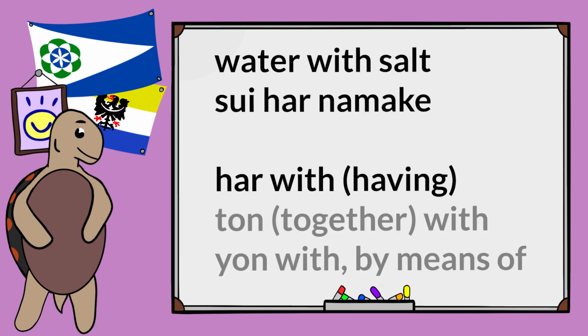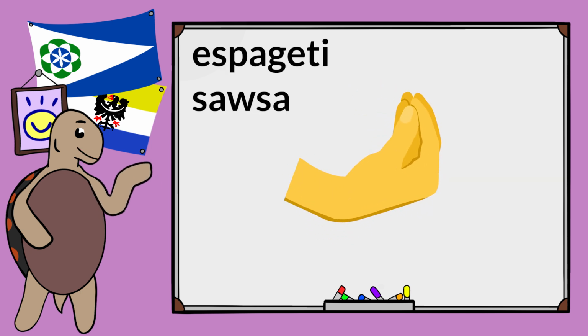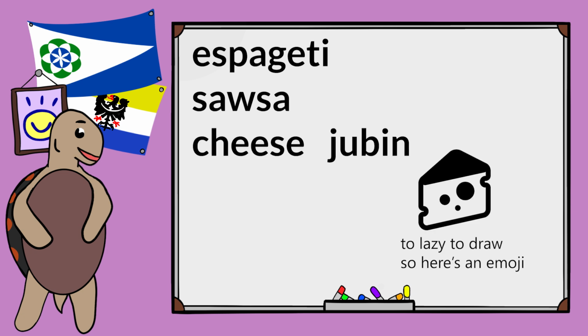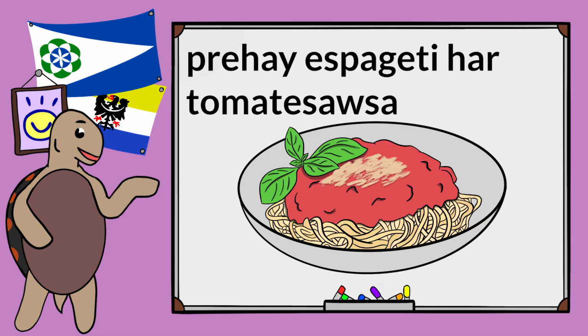We use water with salt, sui har namake, for cooking, obviously. We drain the spaghetti and mix it with the salsa, and if wanted, add some cheese, jubin. Done, fini. Prehay spaghetti hare tomate salsa. Et voila, spaghetti with tomato sauce.